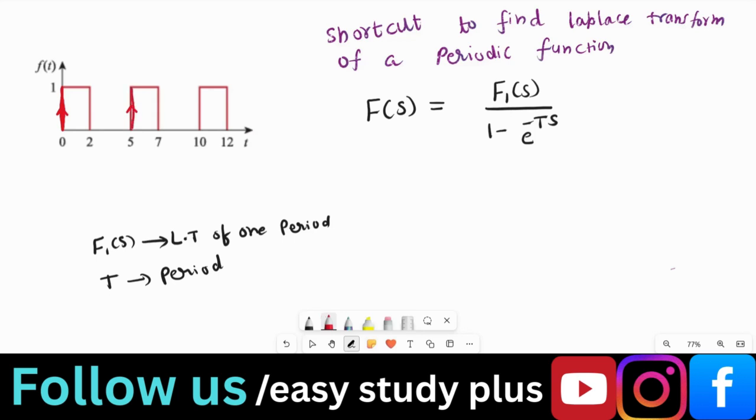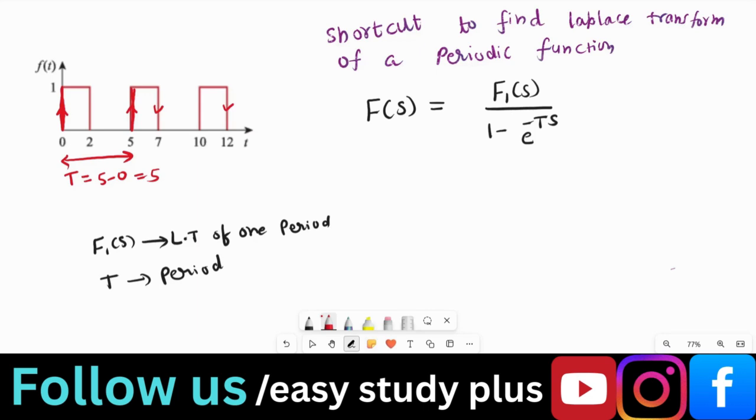Okay, exactly the same thing. So the period becomes the difference of these two. So the period is 5 minus 0, which is 5. You can also find it here. It is going down, it is going down. So if you subtract 12 minus 7, you will get 5. Okay, same thing.